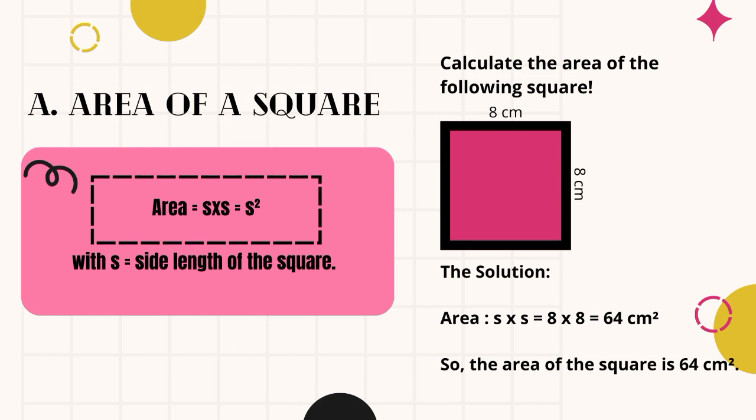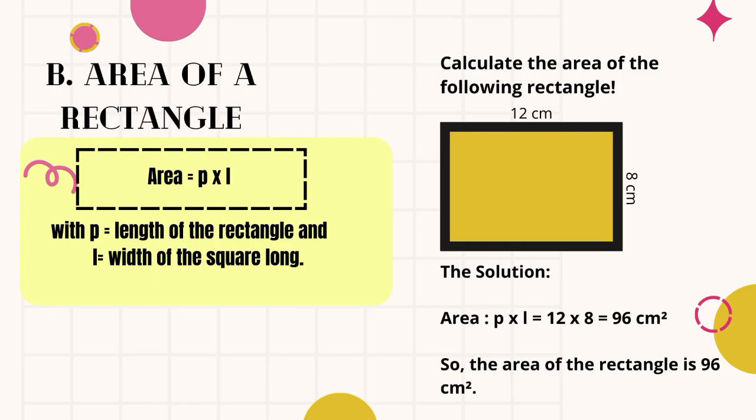The solution is area is side times side equals 8 times 8 equals 64 centimeter square. So the area of the square is 64 centimeter square.